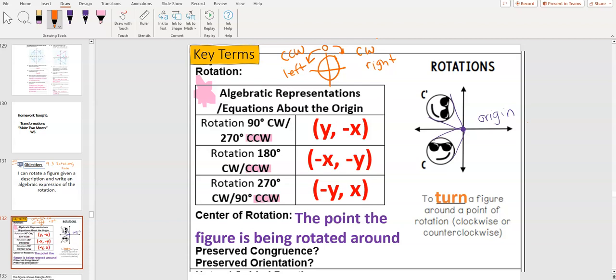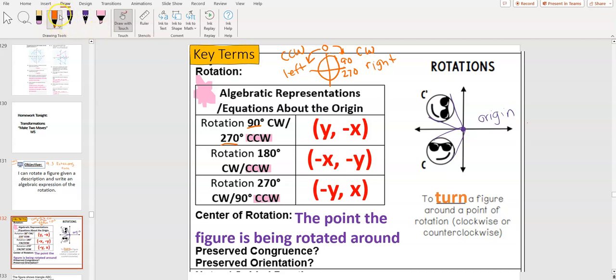Okay, so that's why over here we say that 90 degrees clockwise and 270 degrees counterclockwise are the same thing, because if I go just a fourth of a turn, a right angle here, 90 degrees to the right, it's the same thing as going 270 degrees or 3/4 of a turn left. Okay, so you can see here that this is 90 clockwise and this is 270 counterclockwise.